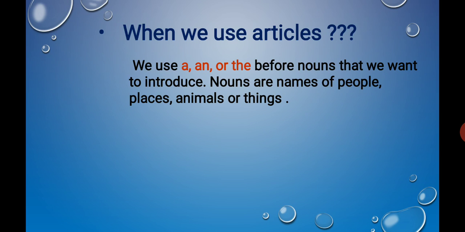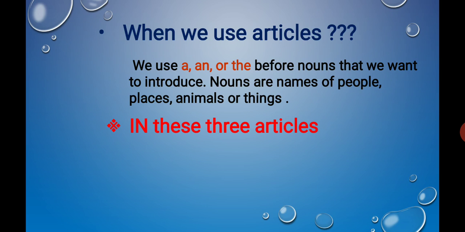Nouns means names of people, places, animals or things. It means when we introduce some noun, at that time we use articles before the noun. So keep in your mind that an article is always put before the noun in the sentence.